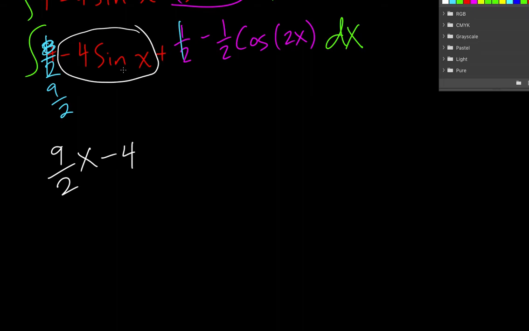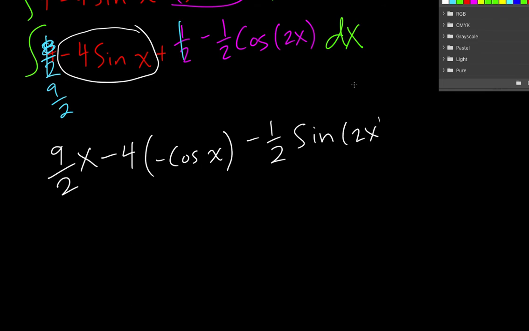And then the antiderivative of sine is negative cosine. Okay, bring down my negative 1/2. The antiderivative of cosine is just sine. And then we have to divide by the derivative of the inside. So that's going to put another 1/2 out in front. Then we just need to clean this up.